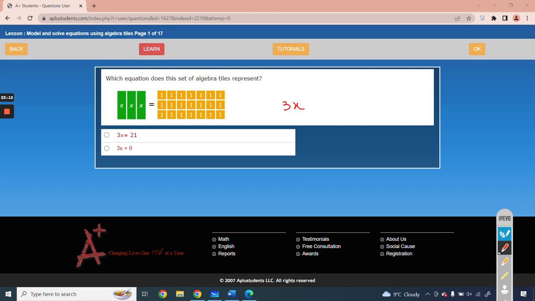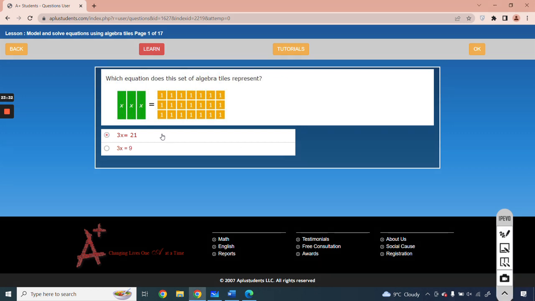Now you have to count the tiles with the ones. Got it? It would be 1, 2, 3, 4, 5, 6, 7, 8, 9, 10, 11, 12, 13, 14, 15, 16, 17, 18, 19, 20, 21. So it would be 3x equals 21. Got it? So option number 1 is the correct option. Just select the correct option and click on the OK button. Got it?